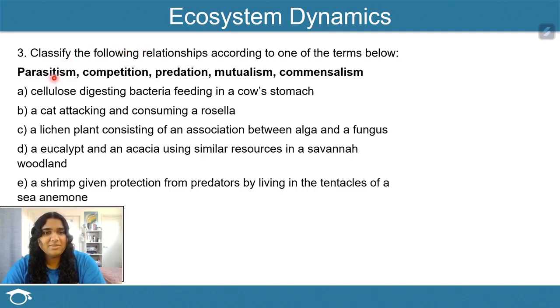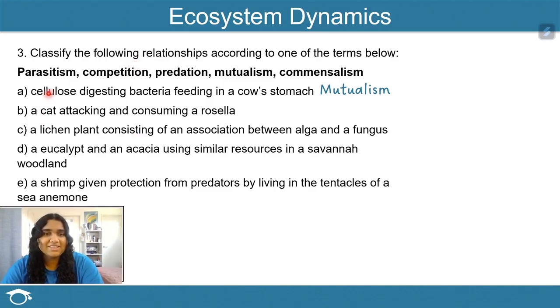So, this time round, cellulose digesting bacteria would be able to break down the plant cell walls of the grass that the cow is consuming. Once again, remember, cellulose is the thing that is making up plant cell walls. So, it would help the cow digest its food and the bacteria would also receive a food source. So both of these organisms are benefiting, and thus the relationship is mutualism.